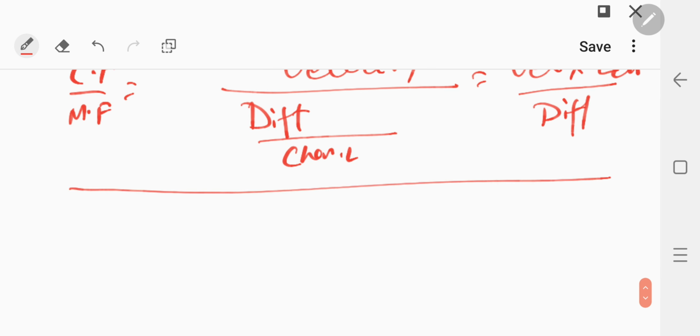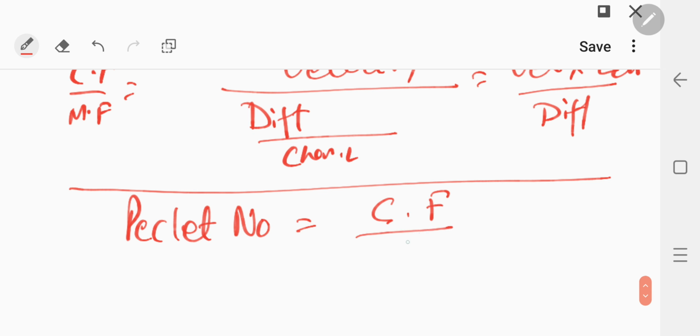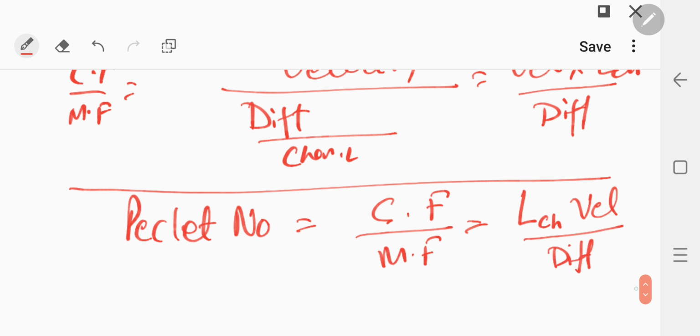So this ratio is known as the Peclet number. The Peclet number is nothing but the ratio of convective flux to molecular flux, which is the characteristic length into the velocity divided by the diffusivity.